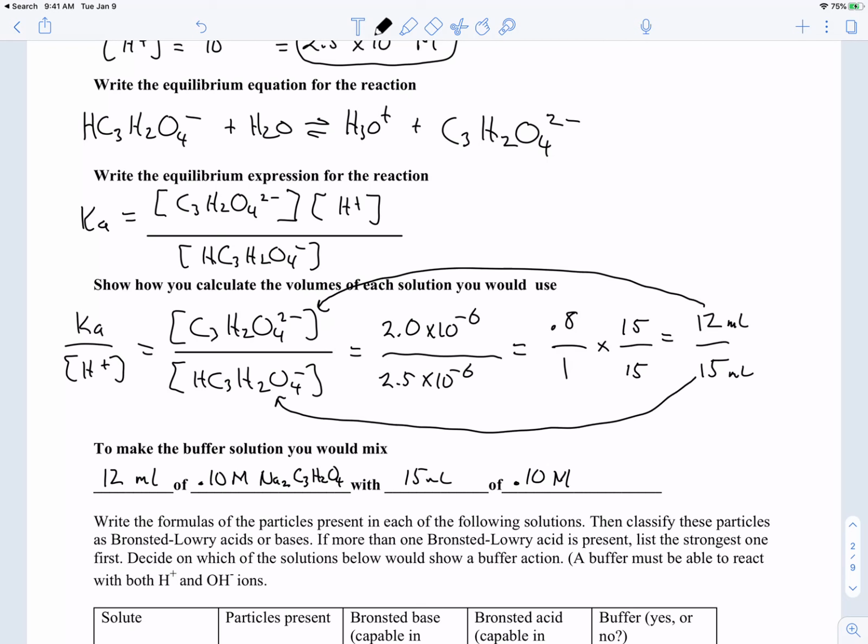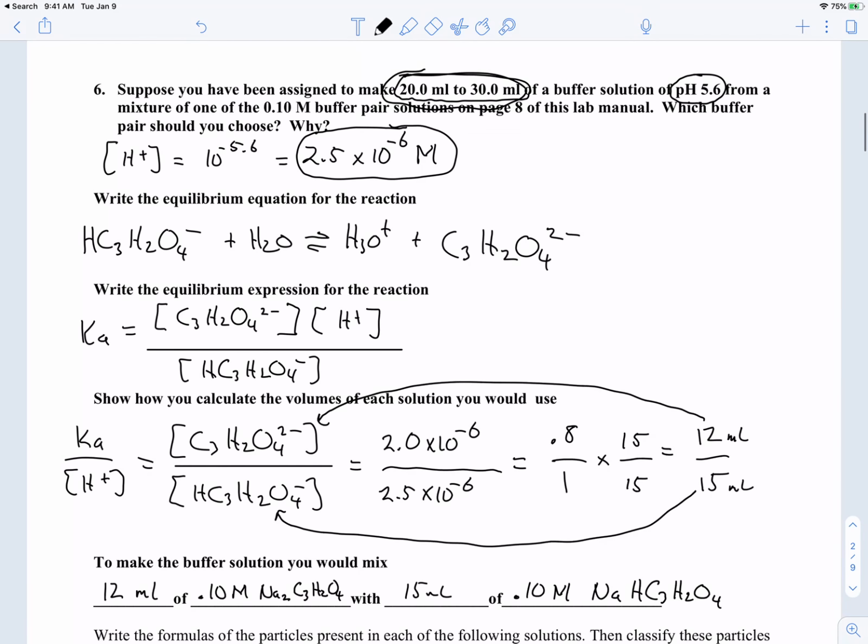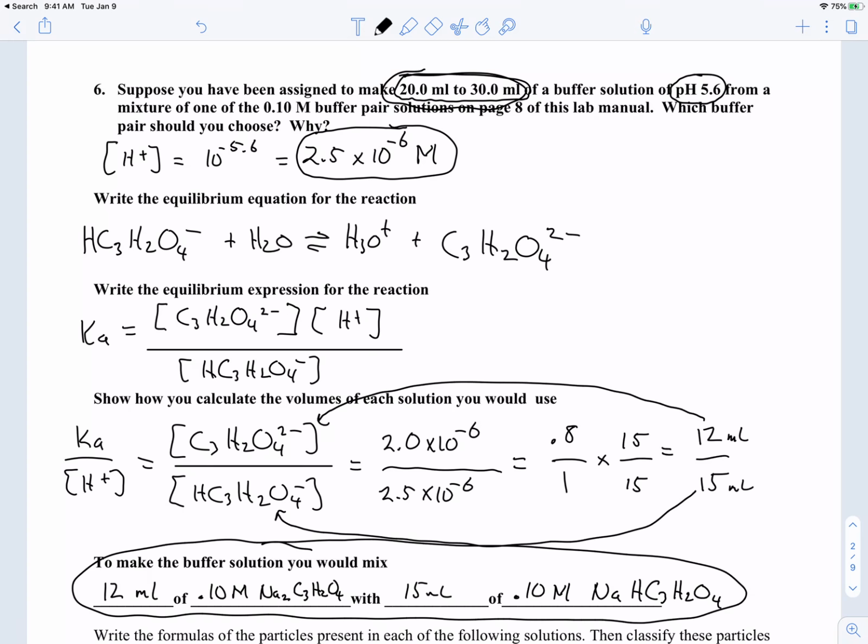So 15 milliliters of 0.1 molar of our acid, which is going to be sodium monohydrogen malonate. Well, we don't need that charge. And so if we were to mix those two solutions together, we would get a pH of 5.6.